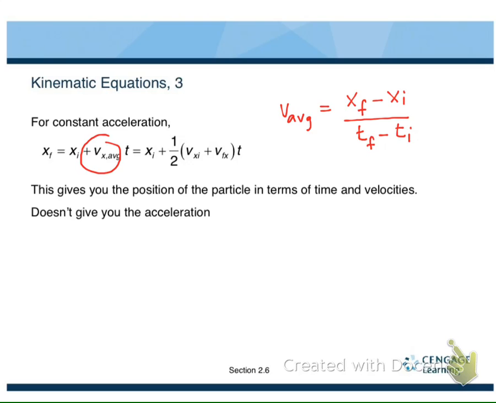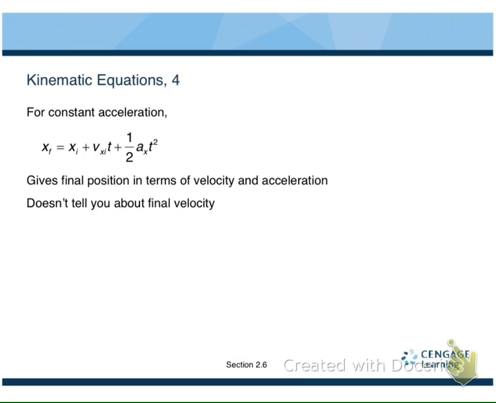So this is the definition of the average velocity. If we do a little algebra, we can change the equation to this form, and again we use tf as t, and ti is 0. Okay, so we have this kinematic equation, number 3.